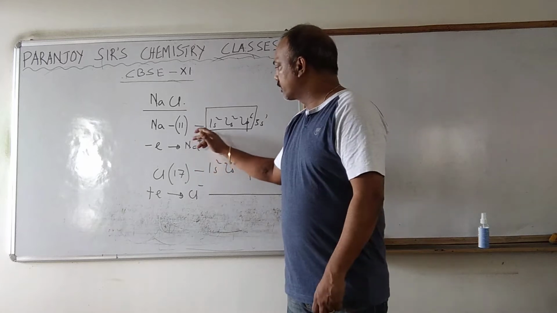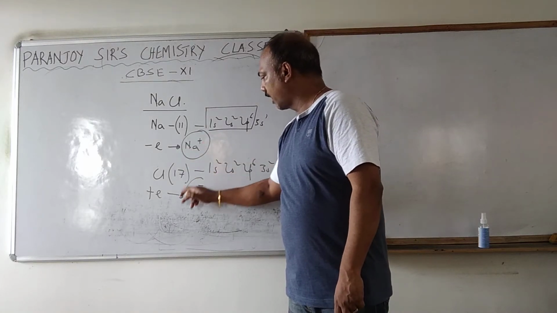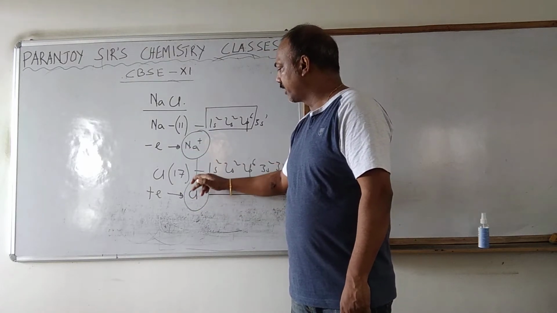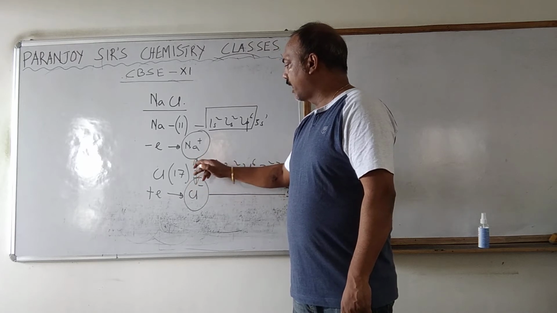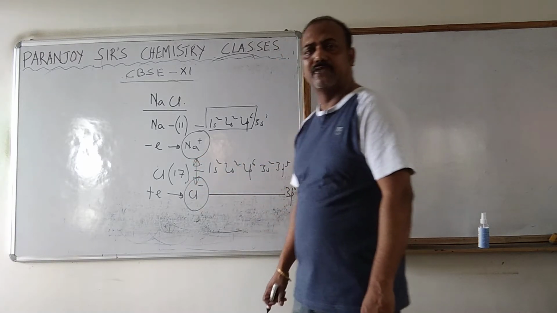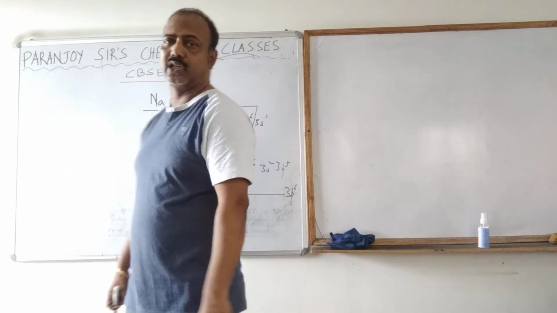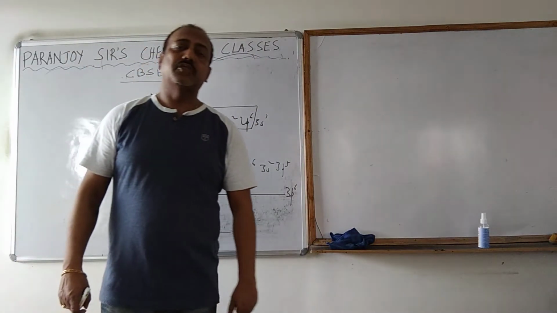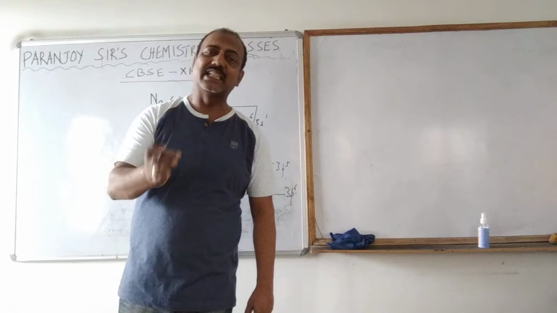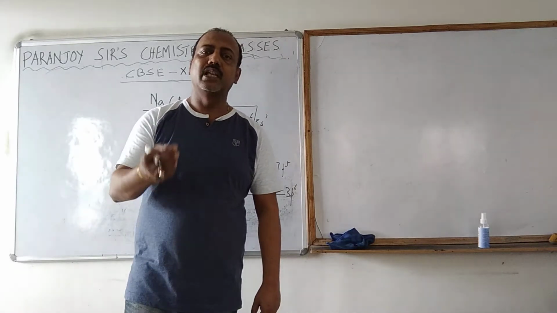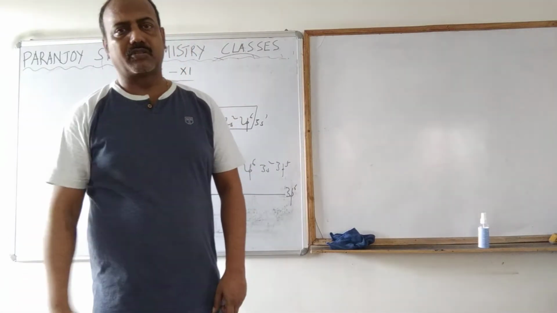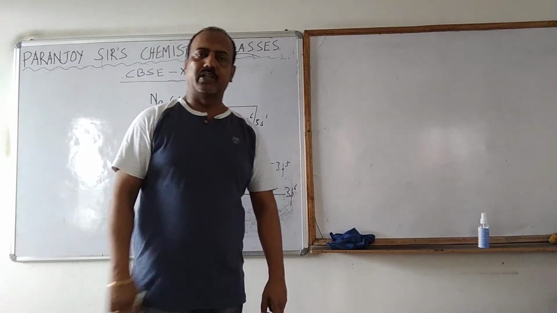Then the sodium positive ion and the chloride negative ion will attract each other by a force, the nature of which is electrostatic force, and this force of attraction is called electrovalent bonding or ionic bonding.